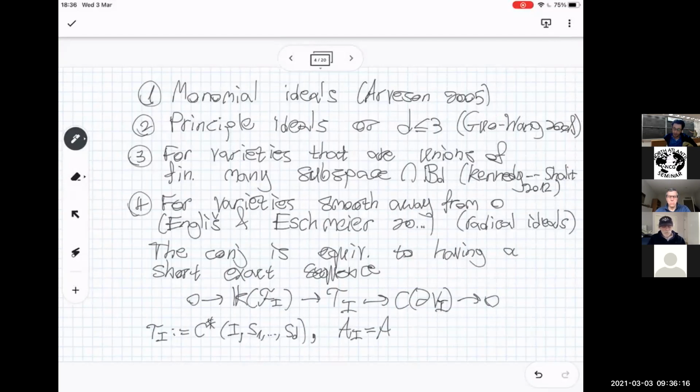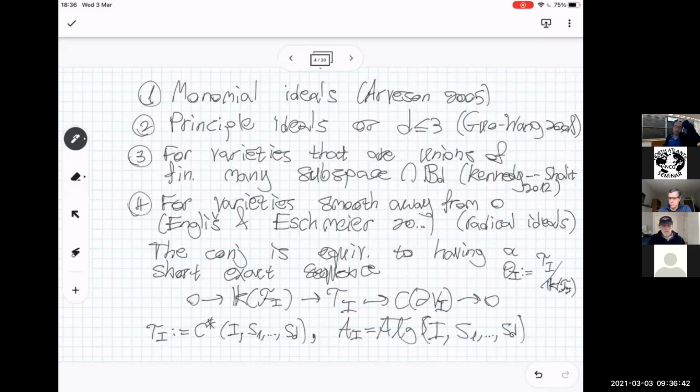This is just the norm-closed algebra generated by the identity, S_1 up to S_d. And I want to define a Cuntz kind of algebra, a quotient by compact operators, if you may. So this is T_I modulo the compact operators.